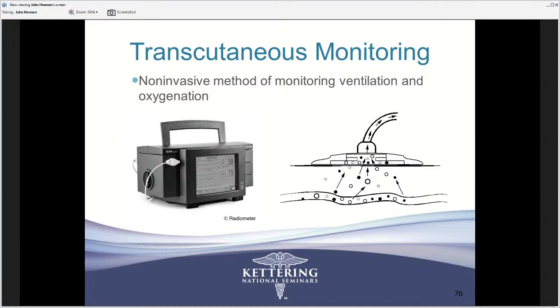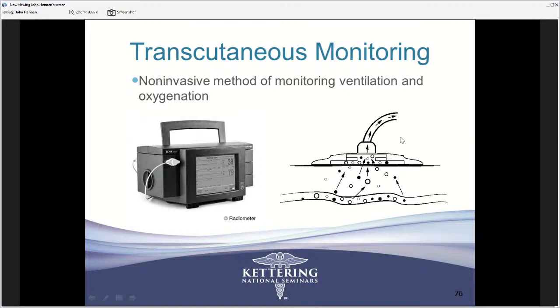Once again, let me pause for just a minute here. Make sure you heard this. This electrode has got to have a temperature maintained between 43 and 45. If it doesn't, then this vessel is not going to dilate and this device is not going to work. So if you've got a problem with the skin getting blisters, you do not turn the temperature down. If you turn the temperature down, this device will not work. What you have to do is change the site more often.